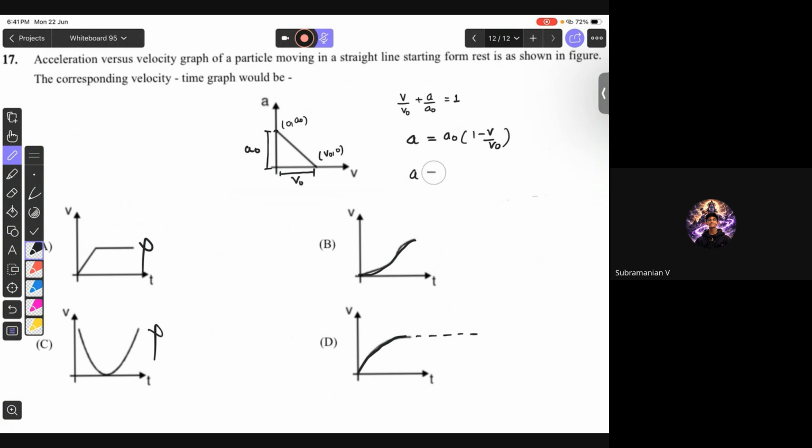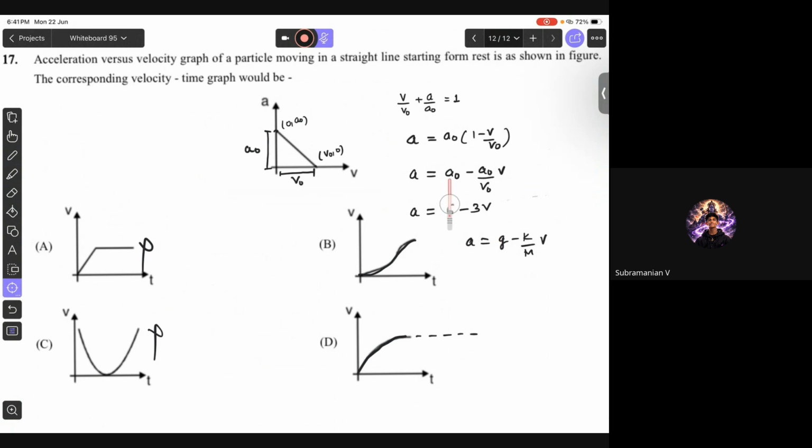So A equals A naught minus A naught by V naught into V. So what really is it? The earlier case was A equals 6 minus 3V. Earlier case was A equals g minus k by m into V. Is it not the same? Instead of g constant, I have A naught.